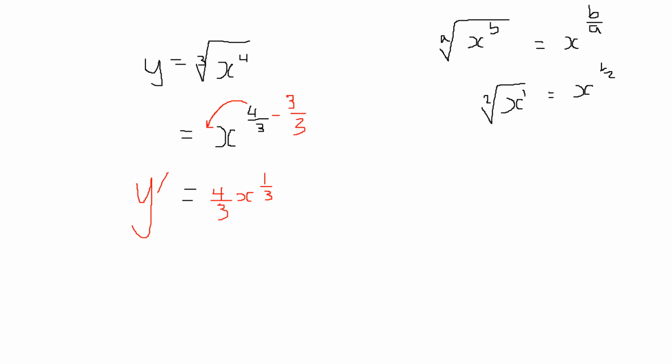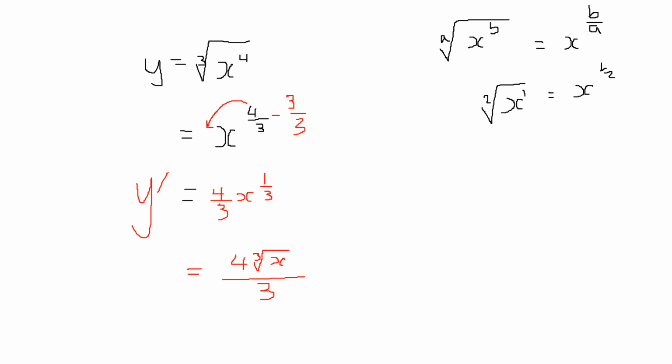Good. And that makes sense if we understand how fractions work, right? And we could do one last thing here. We could put this into the root form, and that will be the same. Oh no, actually, as is there, this will be the same as 4 cube root of x, all divided by 3.